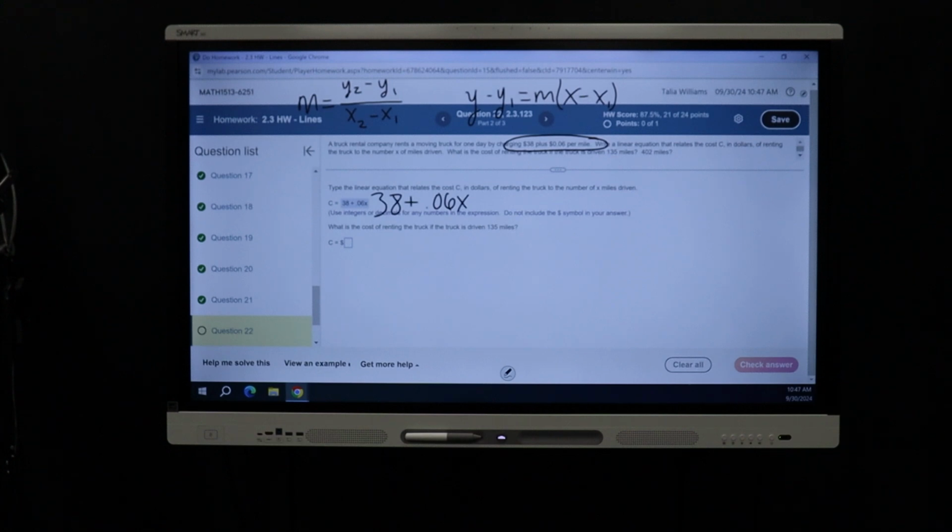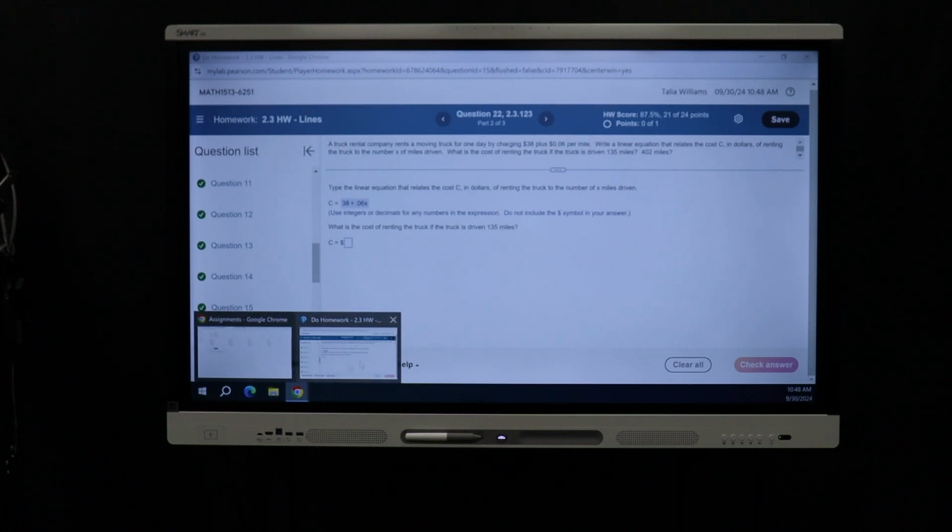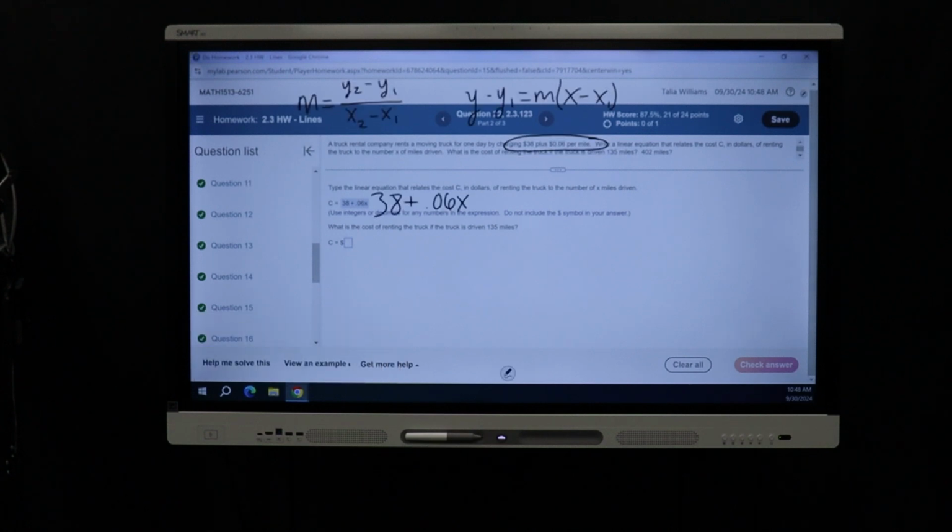Now then, what is the cost of renting the truck if the truck is driven 135 miles? We are going to plug in 135 for x. Let me find a calculator real quick.